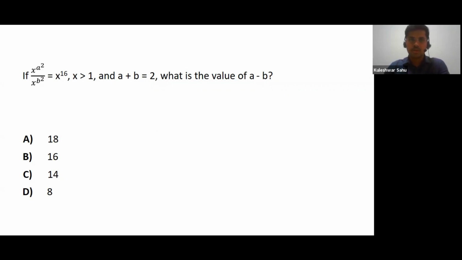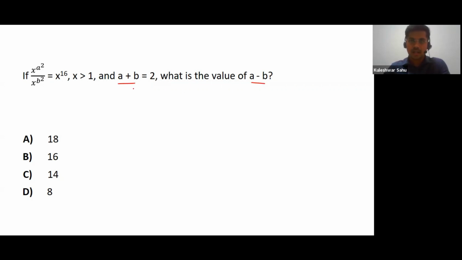Whenever we need to solve questions of algebraic expressions or algebraic equations, we need to always focus on what we want, and then we can think about the formulas that we can use to get the answer. So we need to find a minus b, and we can see in the question that we already have a plus b.